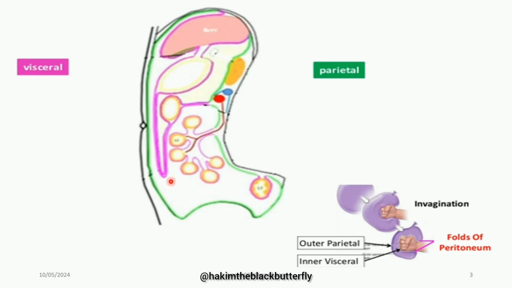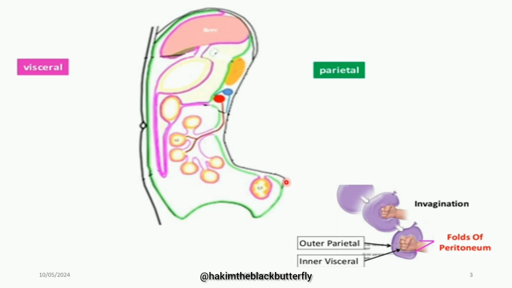Look closely, you can see that within this space we only have fluid. Our organs are not within this space. Our organs are just wrapped around by the visceral peritoneum, but they are not in the space. This is the space there. Okay.